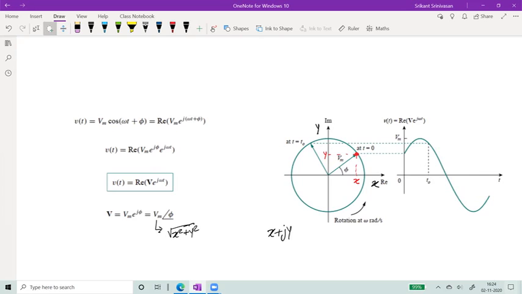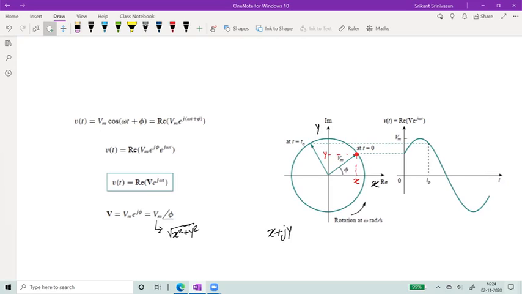So this is just a simple graphical picture to understand how this complex exponential actually leads to a cosine or a sine waveform. Okay. So in this case, we say that if the phasor is cosine omega t plus phi, initially it is cosine omega t plus phi. If t is equal to 0, then it is just Vm cos phi, right?